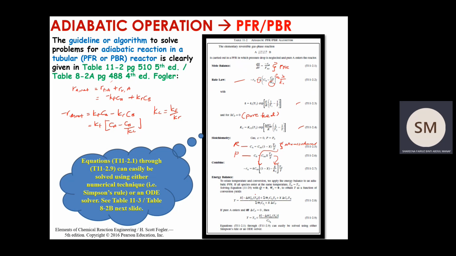Then you will have this equation, from Equation 11-29 from the energy balance, whereby delta Cp is equal to 0 since pure feed enters. You just take out the T0, rearrange it and you will get this one. This one you can solve: put in the value of X, T0 and CPA, and you will get the temperature.